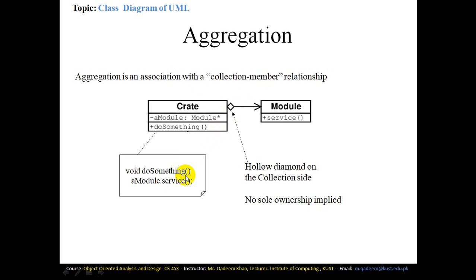So a module dot service: a module is the object of the module class, and service is the function in the module class. We are accessing a module dot service function by declaring the objects of the module, but here you can see static, which shows collection members. So one or multiple members of the module class can be accessed here.